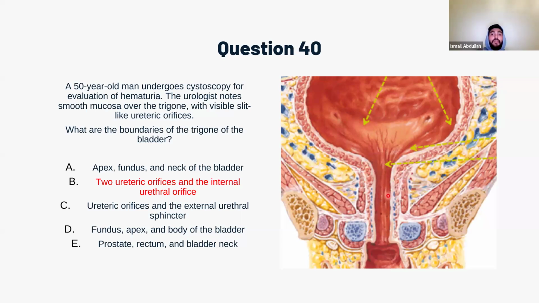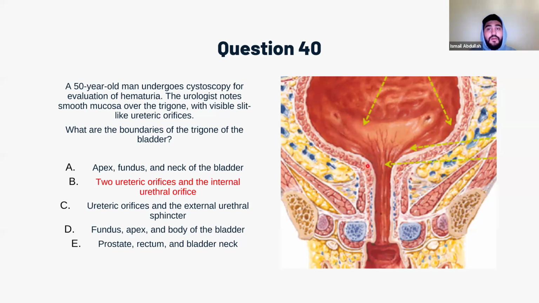Now, in the prostatic urethra, there will be a bulge in this wall right here, and you would find what's called, I think, the seminal colliculus, something like that. And you're going to have ejaculatory ducts and the prostatic orifice where semen comes out.